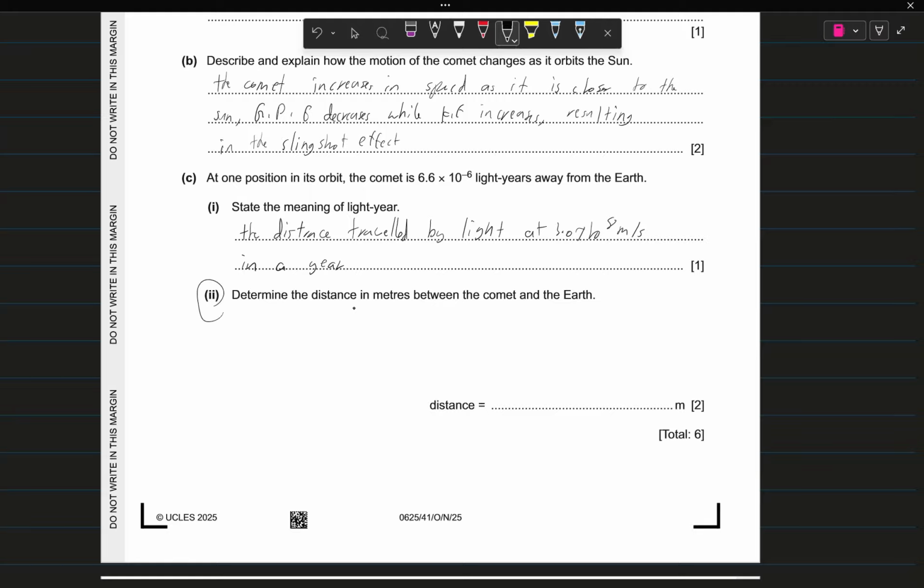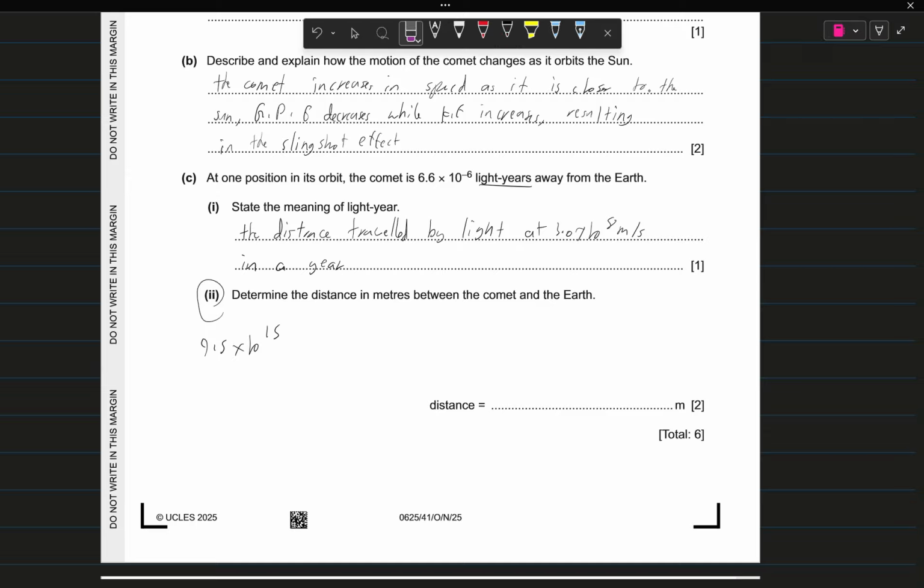Determine the distance in meters between the comet and the Earth. Essentially they're just asking to convert the light years into meters. Now 1 light year is 9.5 times 10 to the power of 15 meters.